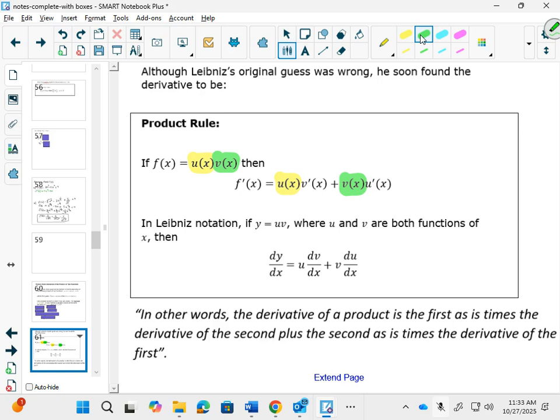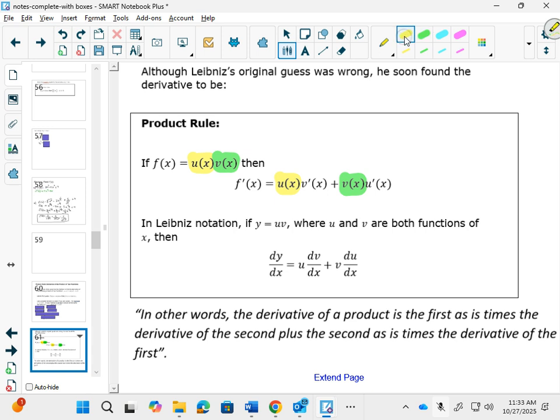And it doesn't matter which one you keep, because you're adding, it doesn't matter which one you decide to keep the same first. Keep one the same, multiply by the derivative of the other one, then keep the other one the same, and multiply by the derivative of the first one. In the first part, I've got Newton's notation with the little prime marks.